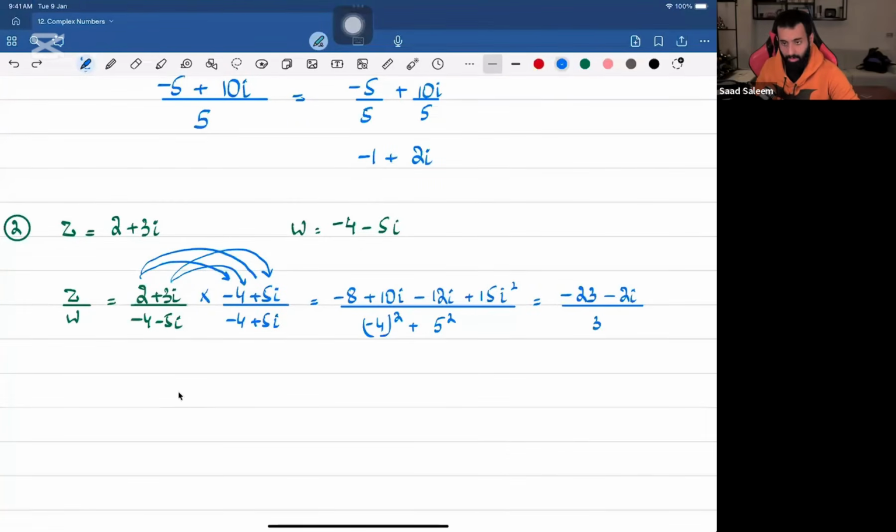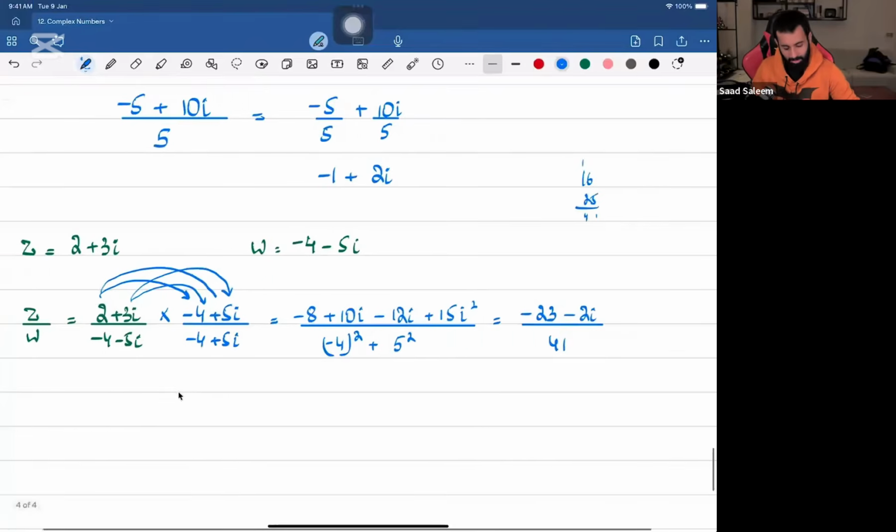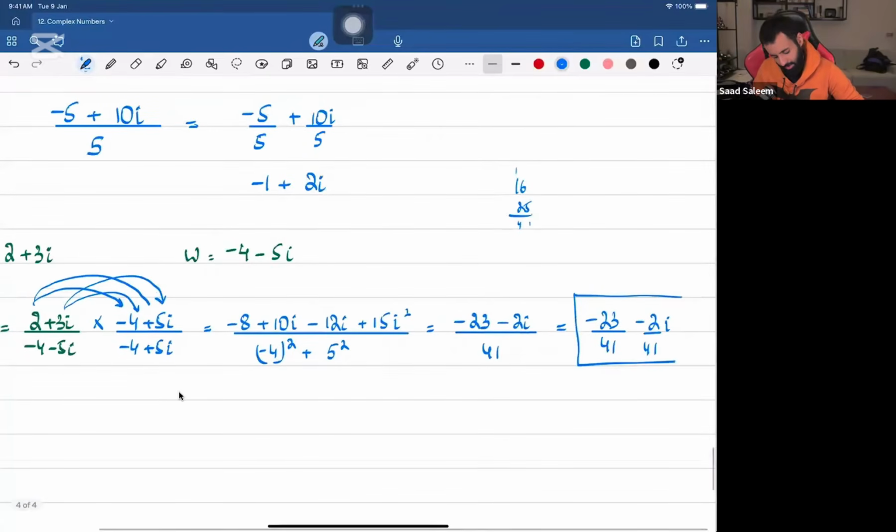Not 39, let's work it out. 16 plus 25, that's 41. Now we can simplify it and write it as minus 23 upon 41, minus 2 upon 41, and then iota separately. So this is the final answer.